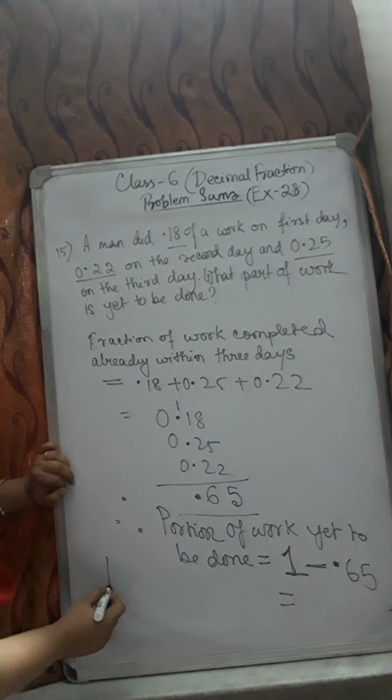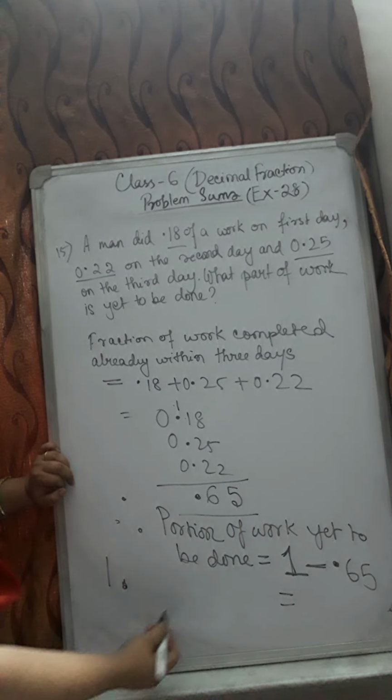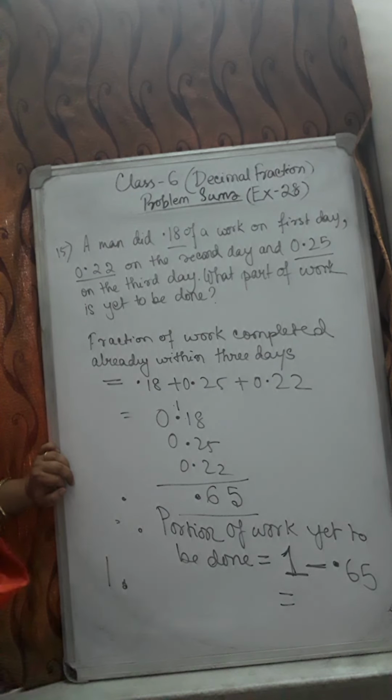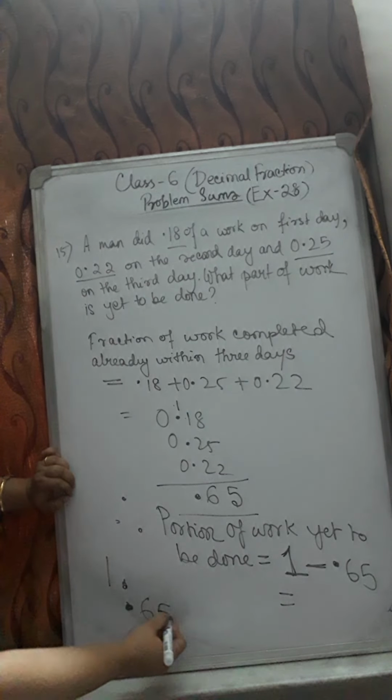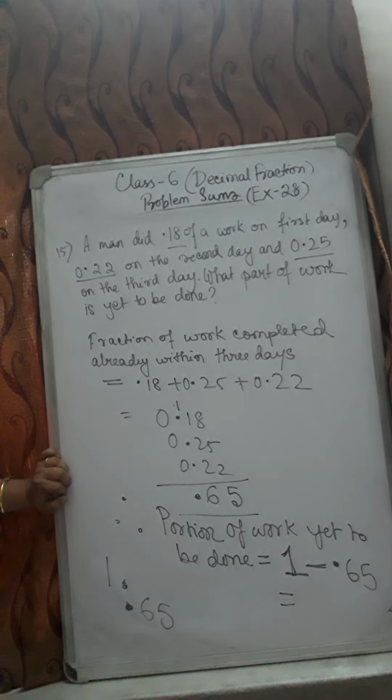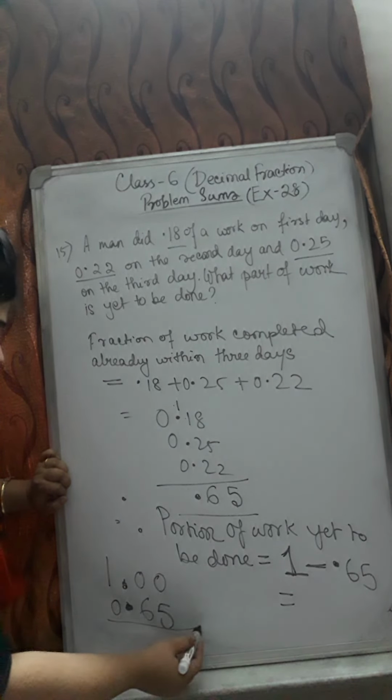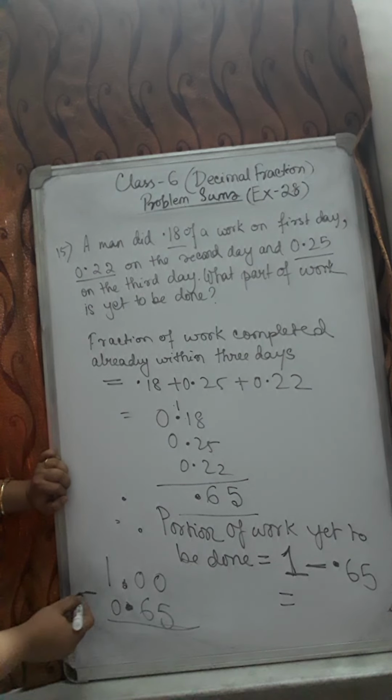So 1 is a whole number with no decimal places. I have to insert some zeros in order to equalize the decimal places. The second number, which I have to subtract, is 0.65. So after the point place 2 zeros, and place a single 0 before the decimal, and subtract.